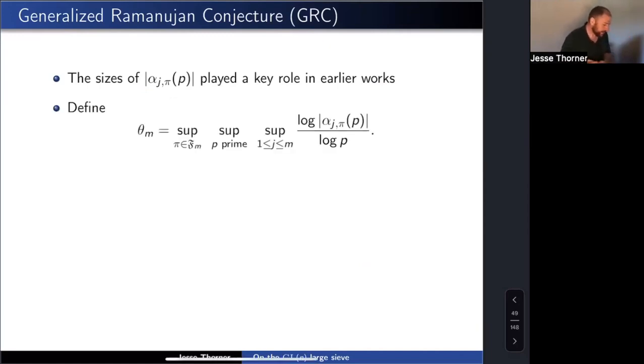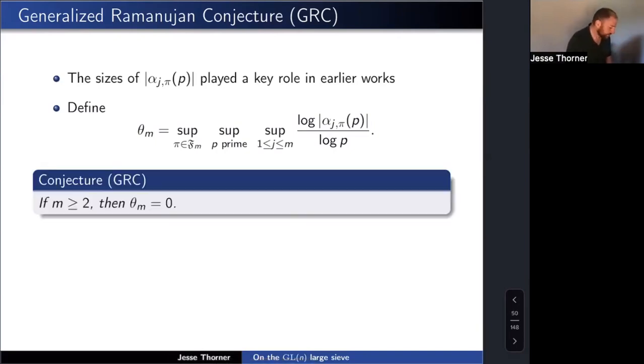For this, I define theta_m to be the supremum over all pi in F_m, over all primes p, and over all j going from 1 up to m of log of this local parameter divided by log p. So this is asking within my family, how large are these parameters that show up in our Euler product?